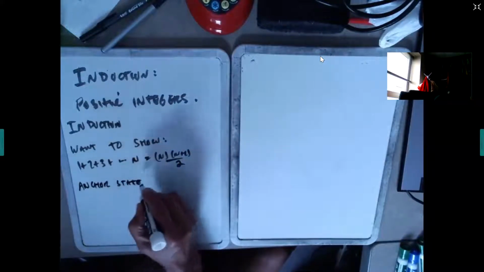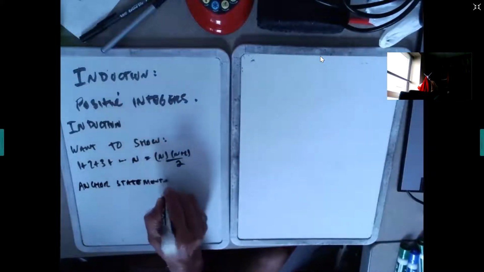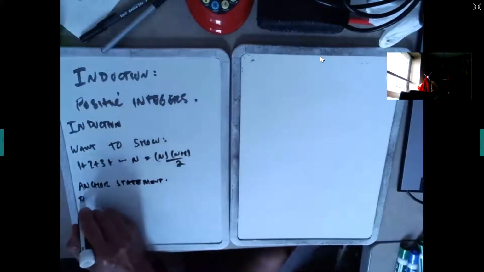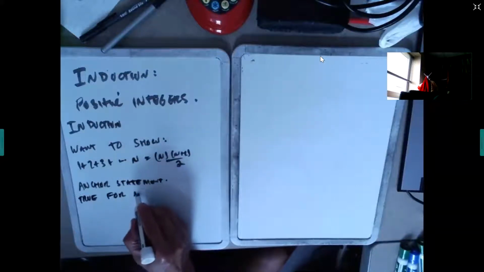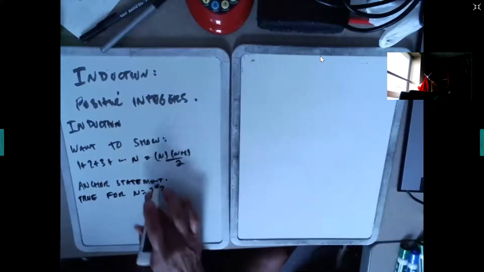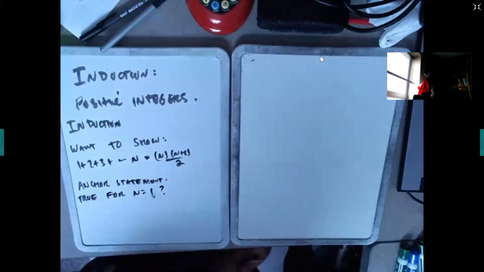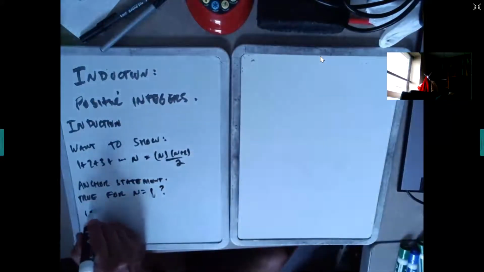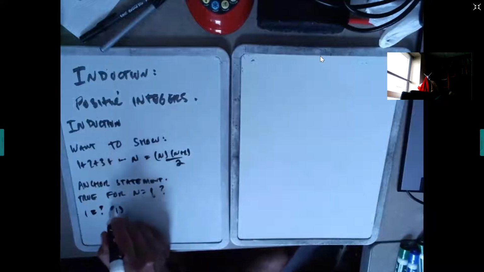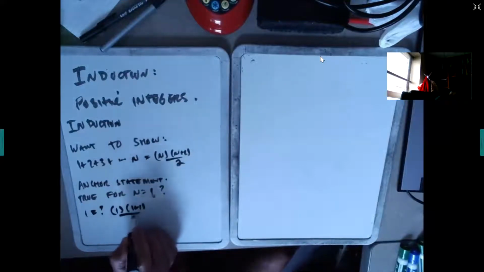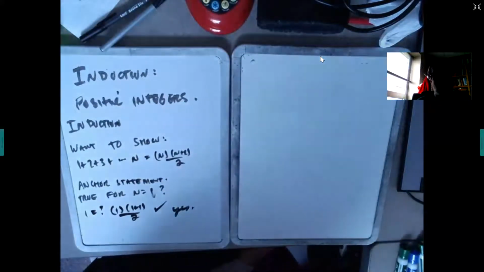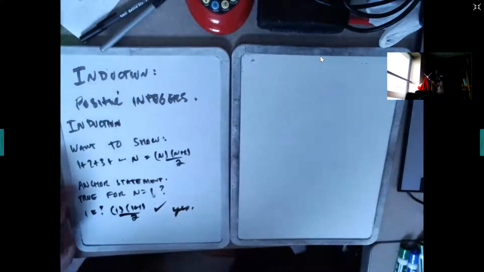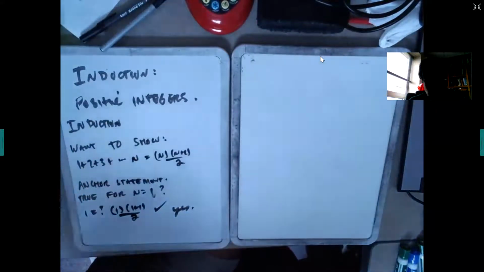I'll talk about this a little bit later. The anchor statement says it's true for n equal 1. Is it? Well, let's see. 1 is equal to 1 times (1 plus 1) over 2, and the answer is yes. So this is what's known as the anchor statement. Now I'll explain the logical reason for that in just a bit when we go over why induction works.